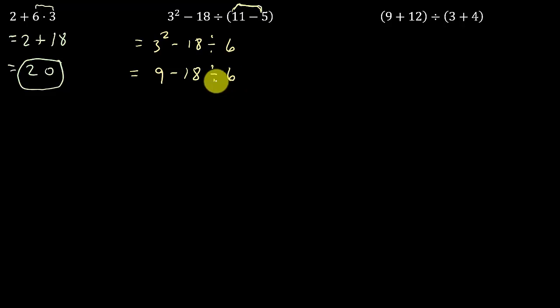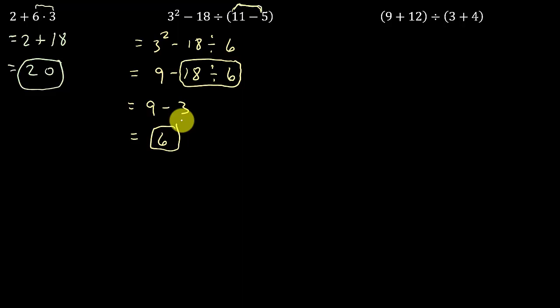Yes, I've got division right here, so I've got to do this division before I can subtract. So this is 9 minus, and then 18 divided by 6. 18 divided by 6, that's 3. And then 9 minus 3 is 6.